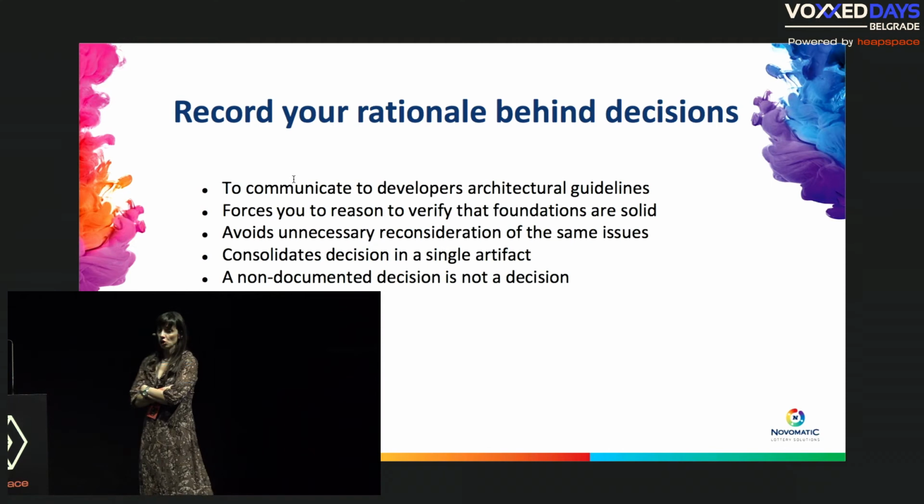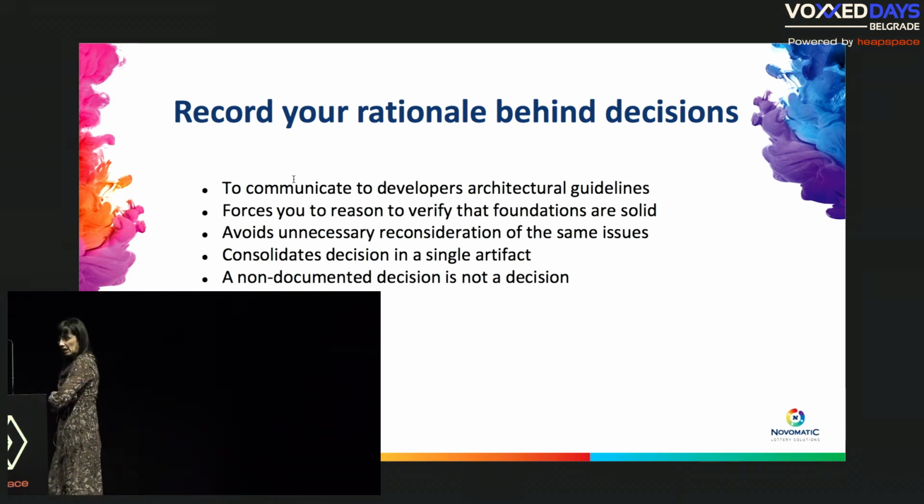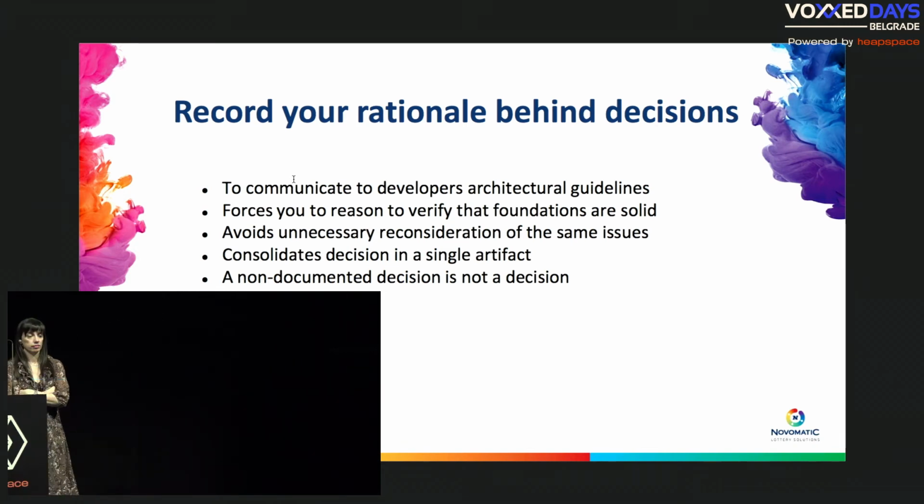Because this document will communicate to developers what you actually decided and what the architectural guidelines are. Then it will force you to reason, either at that moment or maybe later, if the foundations of your thinking are still solid and valid. If the same issue reappears again, you will not have to reconsider it. You will also already have it written. And this is very important.